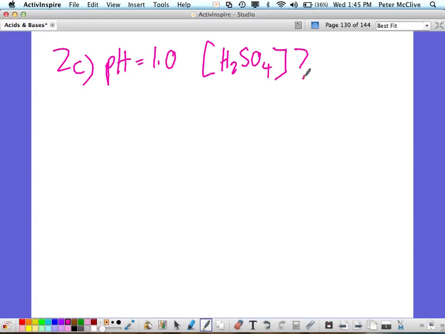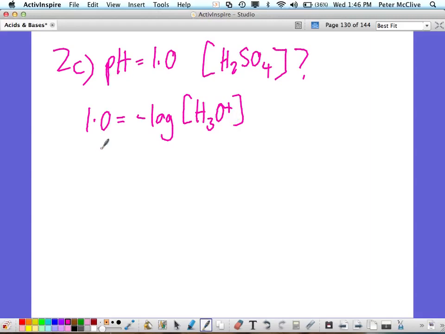So we have to now think, how do we get back from that? So in other words, 1.0 equals minus log of our hydrogen ion concentration. Okay. So in other words, 10 to the power of the negative pH.